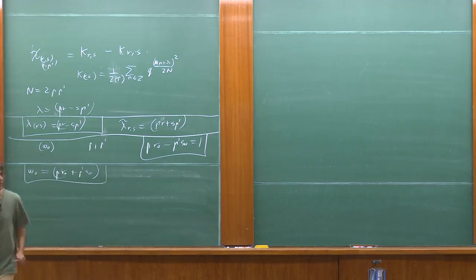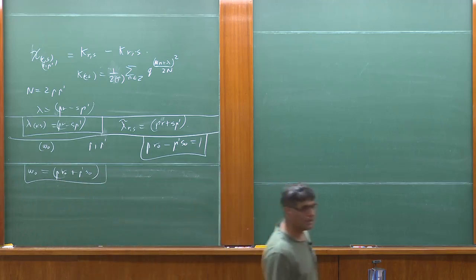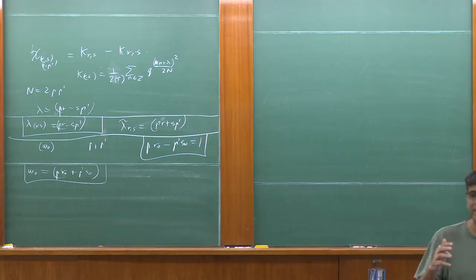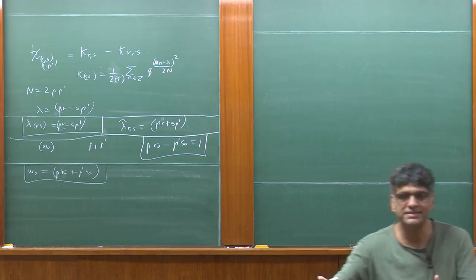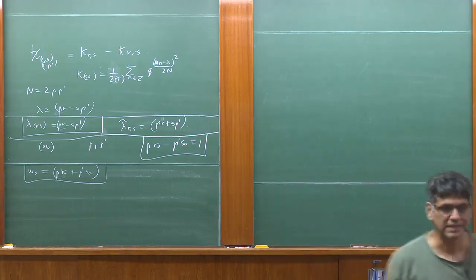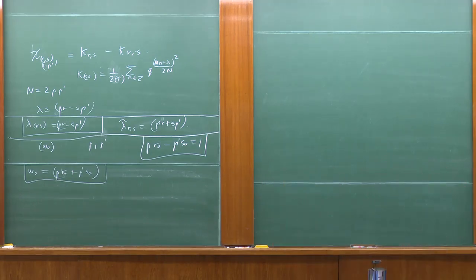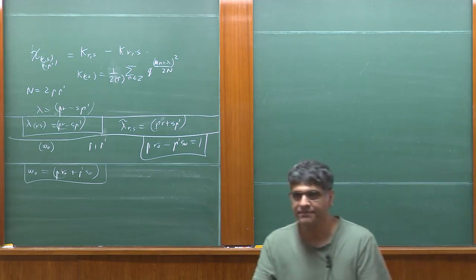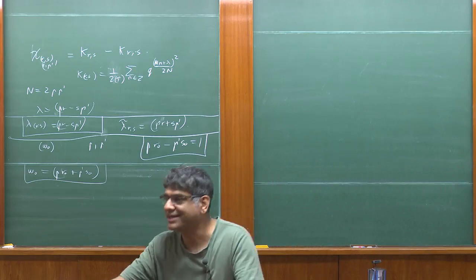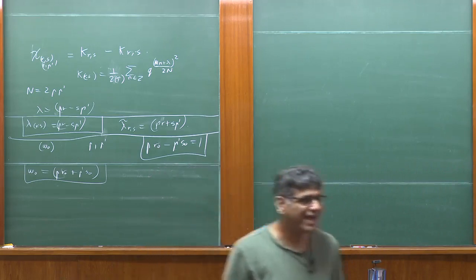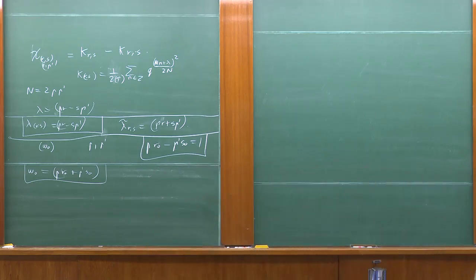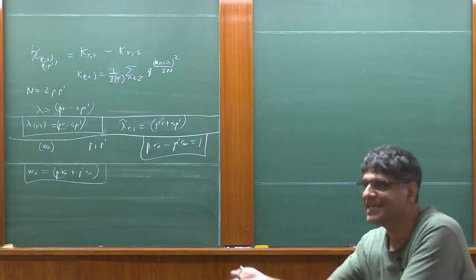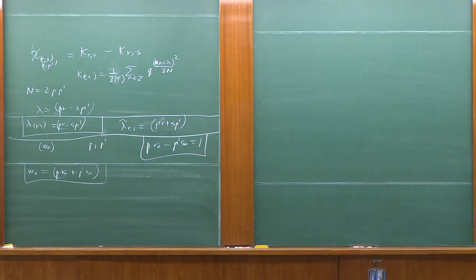Now the point of this omega naught is that it will give you another way of reversing the sign of s. We have a K with r s and another K with r and minus s, and we want to deal with the r s and r minus s on equal footing.